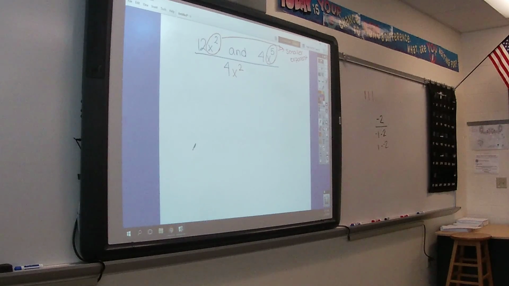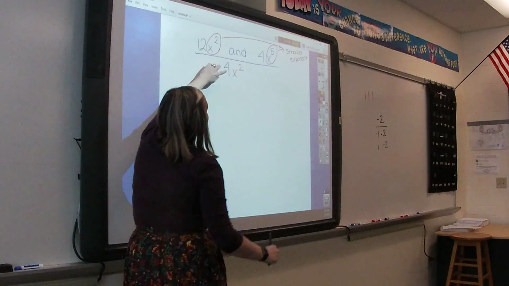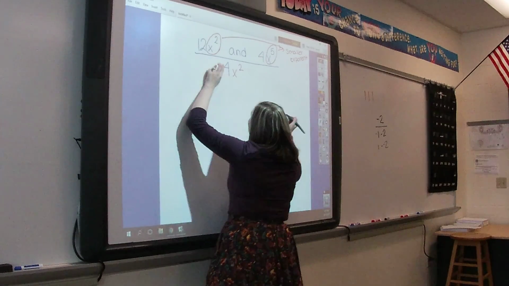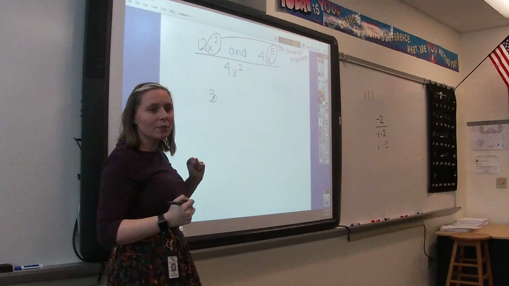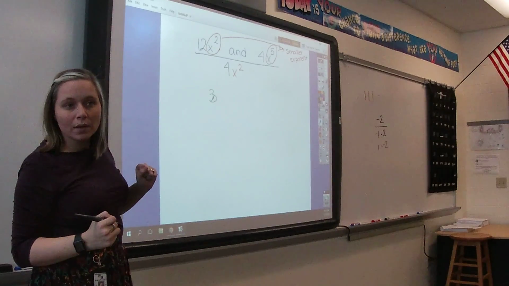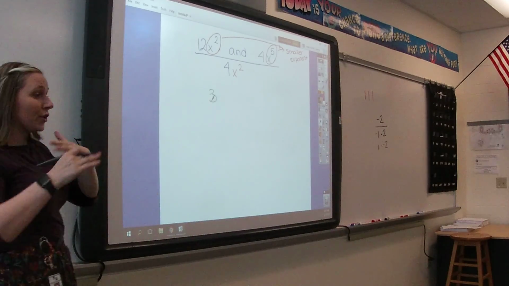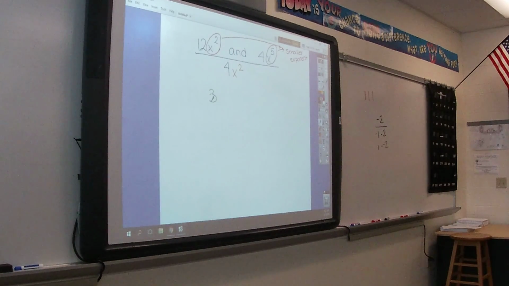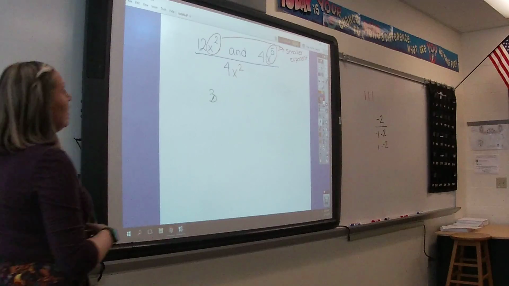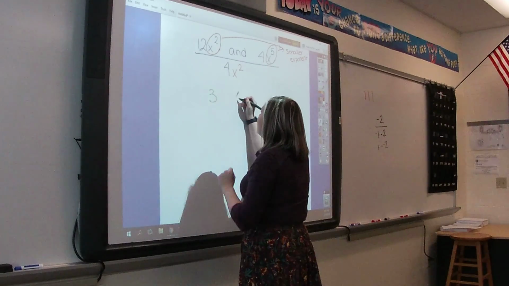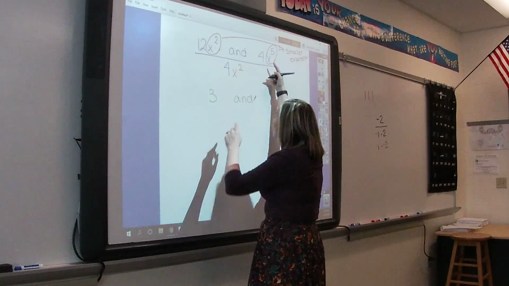And we should be able to divide these because we talked about how to divide with polynomials last trimester. So 12 divided by 4 is 3. And when we divide with exponents, what do we do? Subtract. So 2 minus 2 is 0. They're gone, no x left there. 4 divided by 4 is 1.